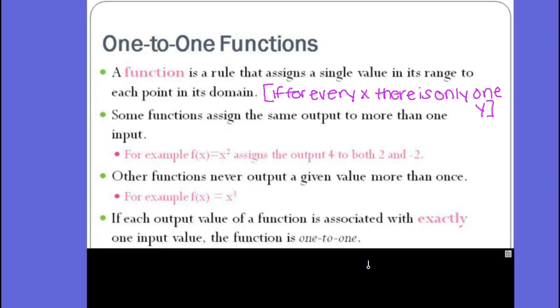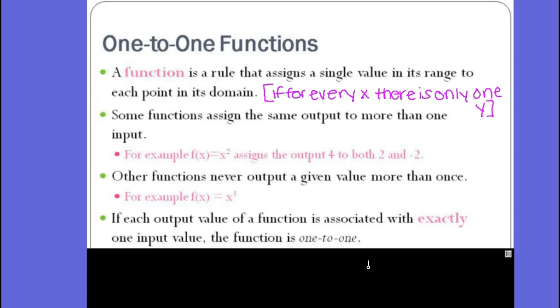If each output value of a function is associated with exactly one input value, then that function is said to be one-to-one. A linear and a cubic function are examples of one-to-one functions. A parabola is not one-to-one.